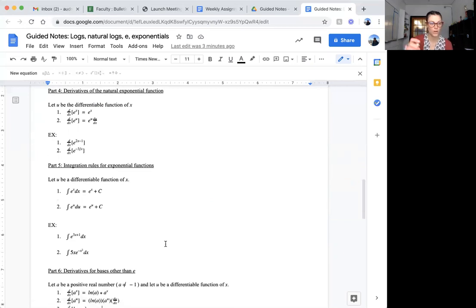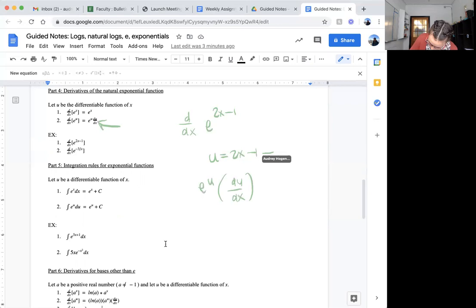So for example, we have the derivative of e to the 2x minus 1. So we know that u is equal to 2x minus 1. And the derivative will be equal to e to the u times du over dx. Du over dx represents the derivative of this, which is 2.